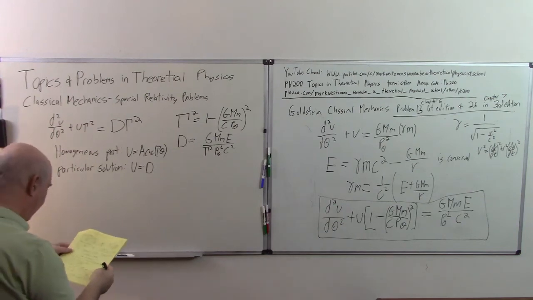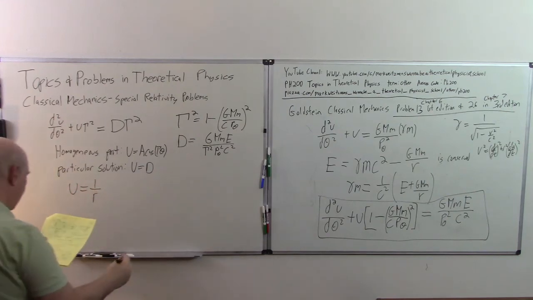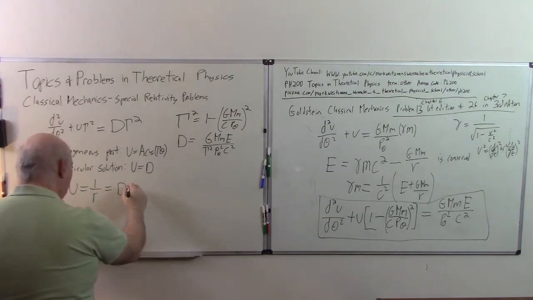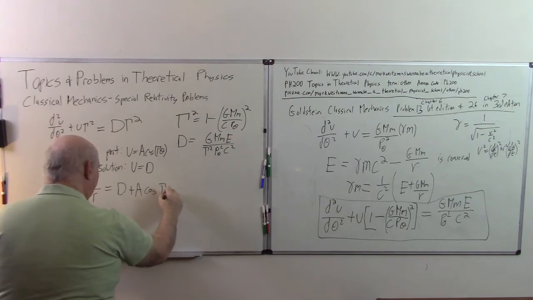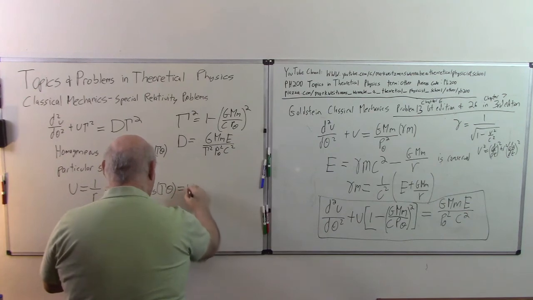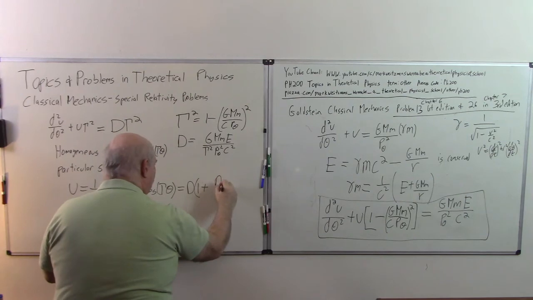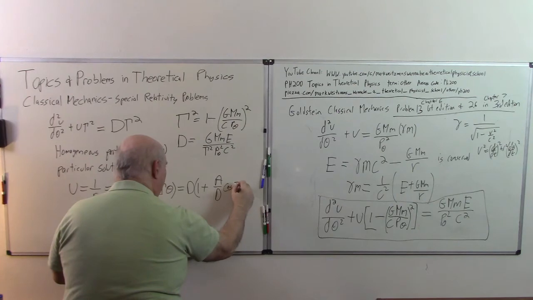So the total solution is U, which remember we're defining as 1 over R, is equal to D plus A cosine gamma theta. And we can write that down as D times (1 plus A over D cosine gamma theta).